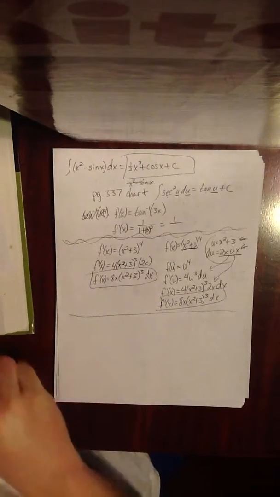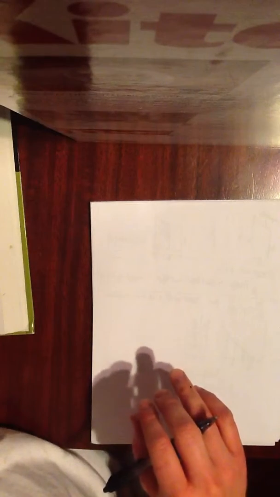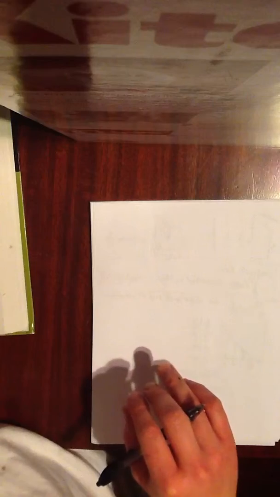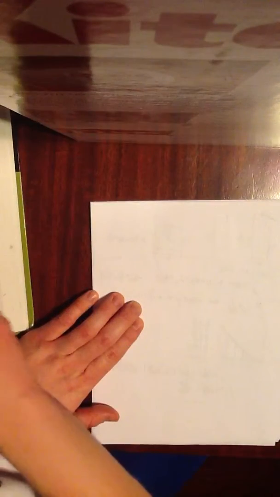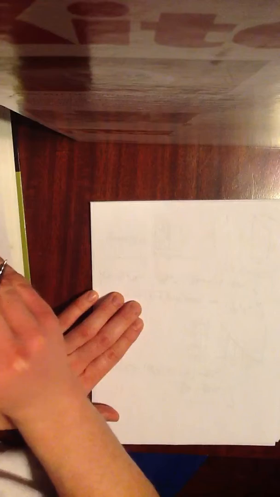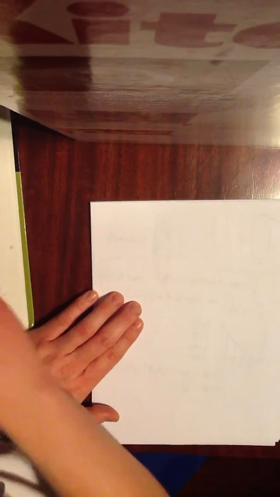I guess before I do that, I just want to do one of these examples here. I'm going to change up my order of things I was going to do here. I'll do one of them. Let's do a u substitution problem.